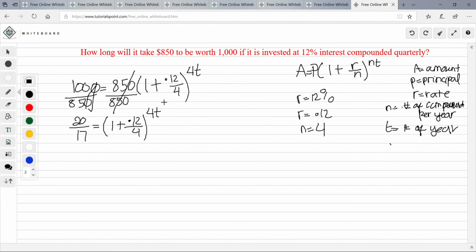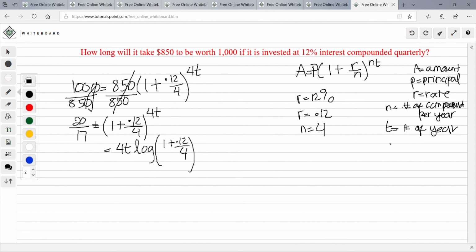How do we do this? Alright, this looks like a log problem. So to bring down this 4t, I'm going to have to take logs of both sides. So this should be 4t log of this whole thing, 1 plus 0.12 over 4.